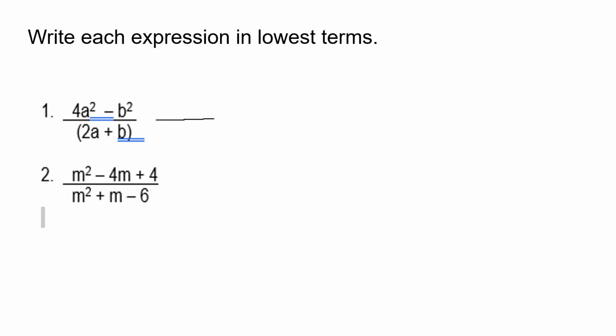So, ating term na, yung ating numerator, 4a squared minus b squared, so gagamitan natin siya ng x squared minus y squared, the factor is x plus y and x minus y.